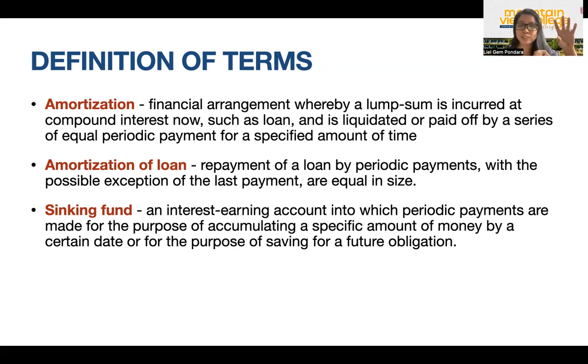In a sinking fund, it's the opposite. I will save as much as this every month for 3 years with interest, and after 3 years I can buy that laptop in cash. So you see the difference between amortization and sinking fund.